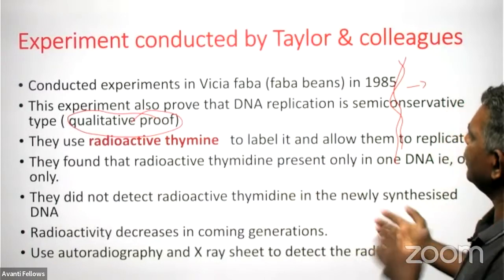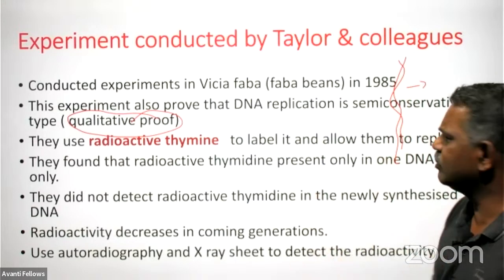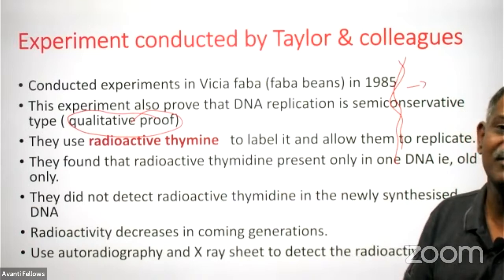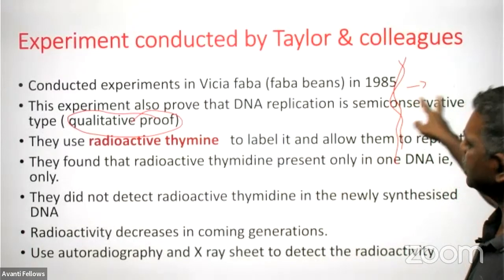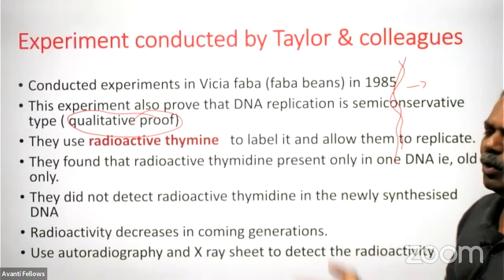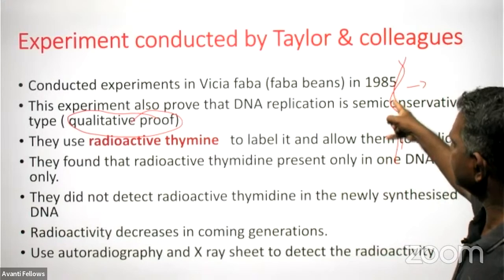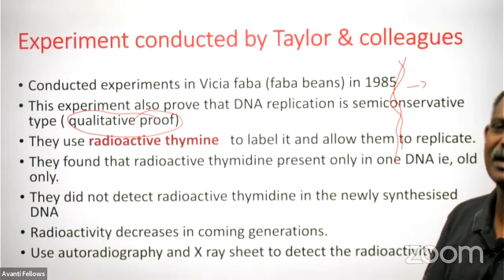And in the new strand, whenever it is constructed, thymine does not have radioactivity, present only in one strand, just like the hybrid strand we have seen there. There are two strands of DNA produced here after the replication, and both the strands are hybrid type. Hybrid type means one has the radioactive thymine and the other does not have the radioactivity.